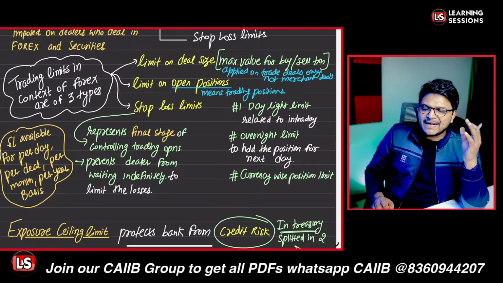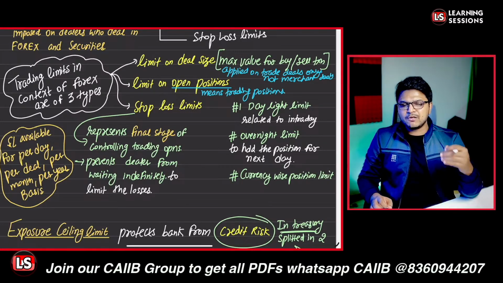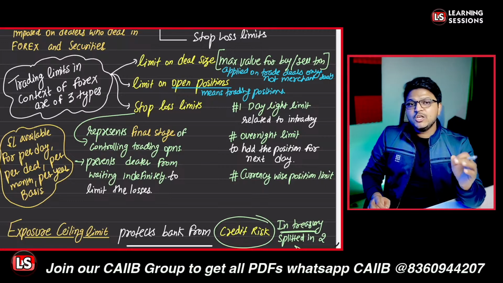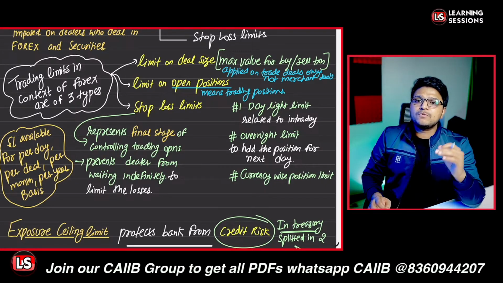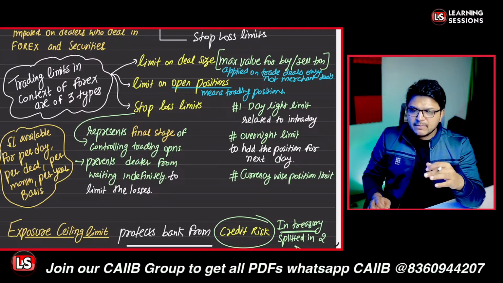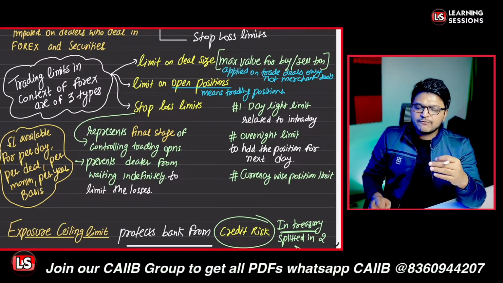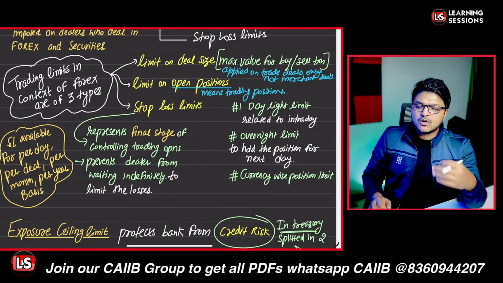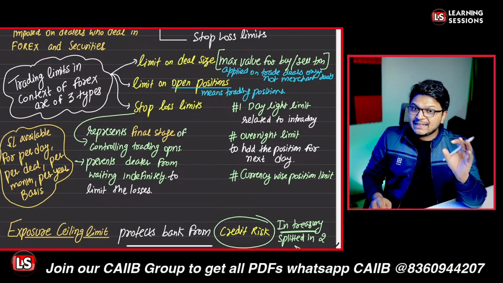You should not be so optimistic that the market is drowning and you drown along with it. So at a particular point, you will square off your position so as to limit your overall losses. The stop loss limit may also be available for different time horizons, overnight, weekly, or even yearly, right?